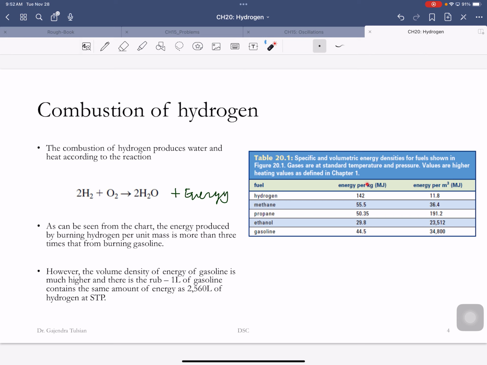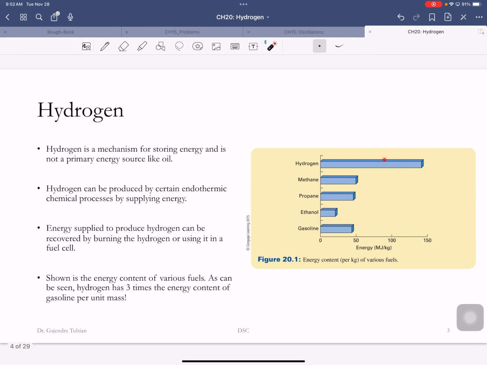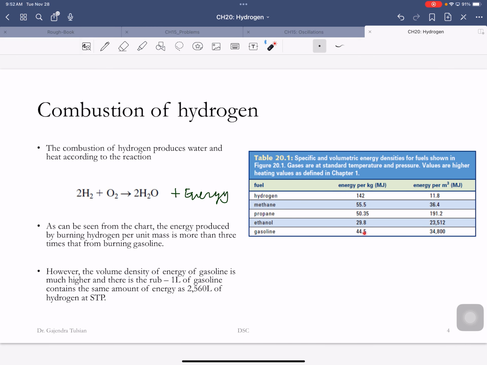Gasoline, megajoules per kg: for gasoline, you get 44 megajoules per kg, and for hydrogen, you get 142 megajoules. So, pound for pound, you get a lot more energy, but if you look at it volumetrically, 1 meter cube is that computer. This much hydrogen.